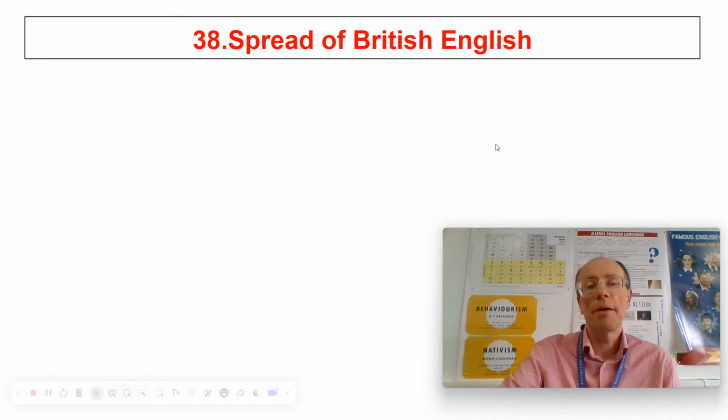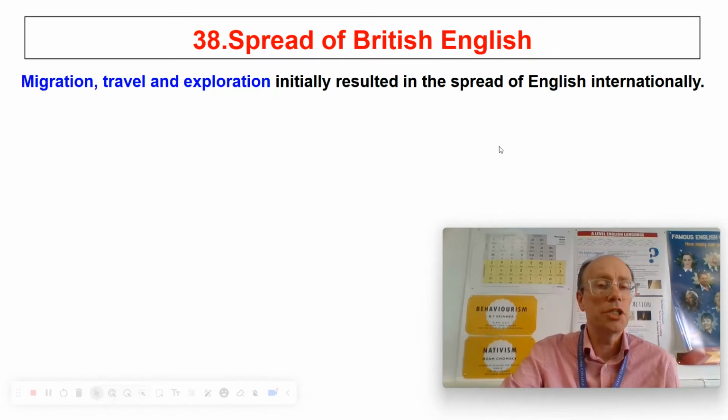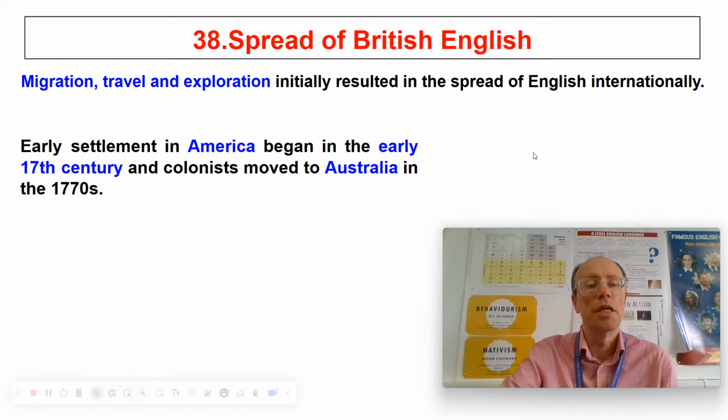Spread of the British Empire. This is language change concept number 38. So migration and travel and exploration, these initially resulted in the spread of English internationally. So you think of the development of English in the USA.